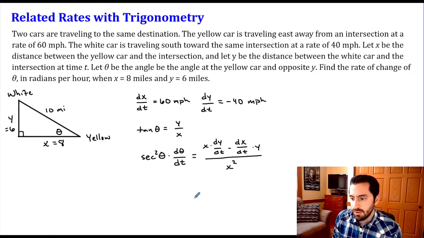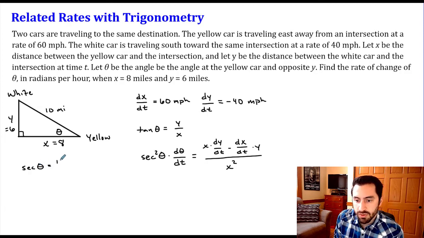All right, so a lot going on in this equation, but luckily for us, we can substitute in a lot of things. The first thing I do want to start with is I want to substitute something in for secant squared. Now, the secant squared is equal to the hypotenuse divided by the adjacent side. So secant of theta is equal to 10 over 8. And if we simplify that, we know that it's 5 over 4.